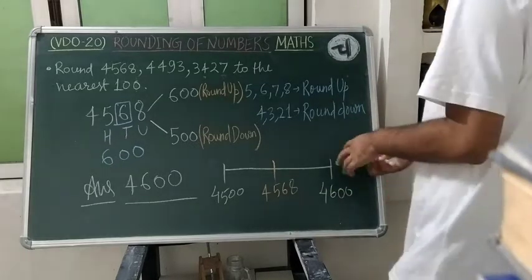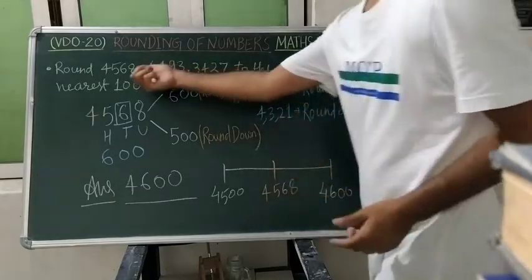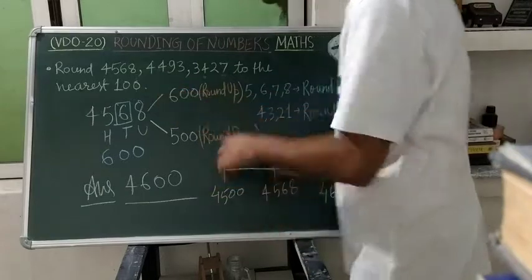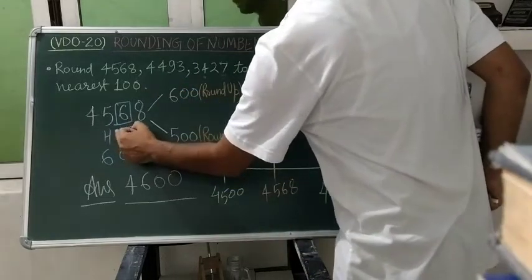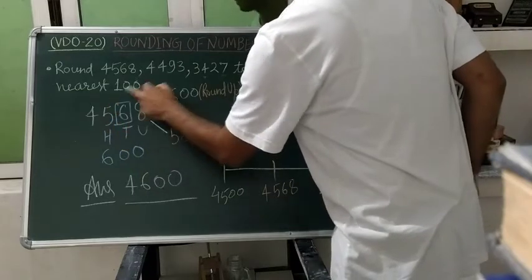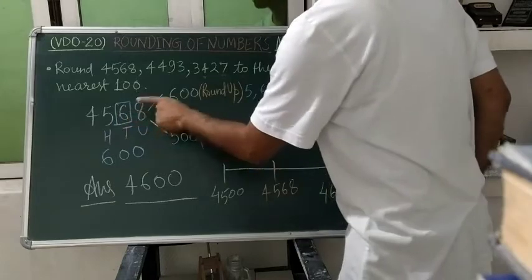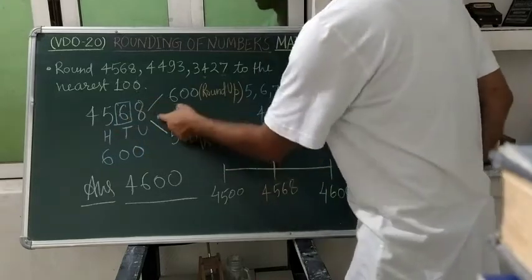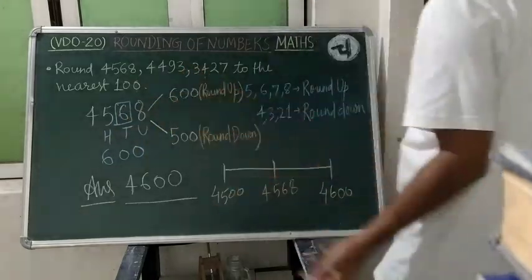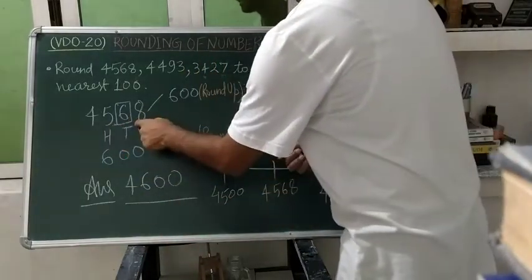And we have seen that when we round this to the nearest 100, we go to the number present at the 100 place, that was 5. So multiple of 100, 5 times is 500, 1 up is 600, and our next task is to select the number present at the right side.